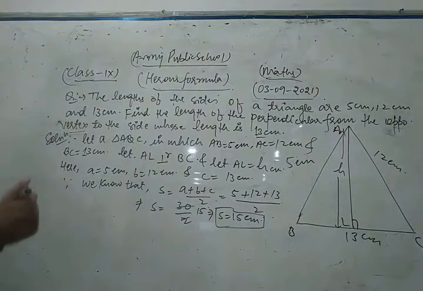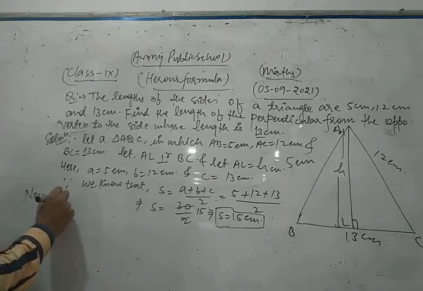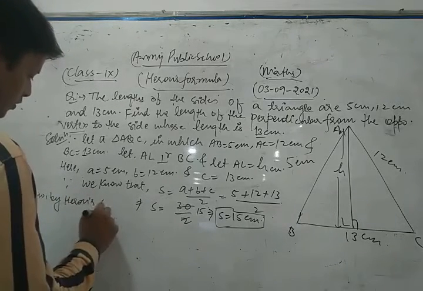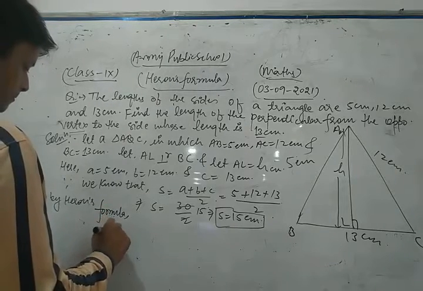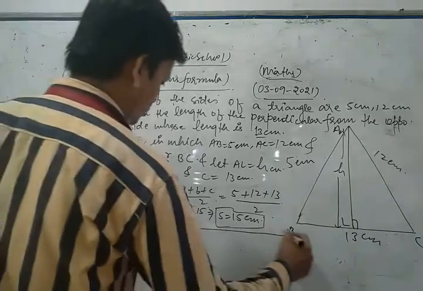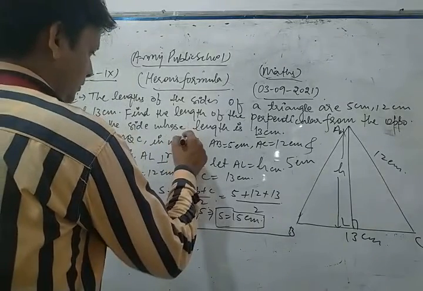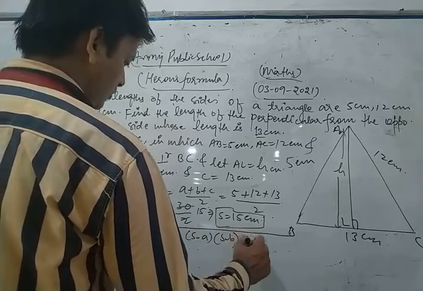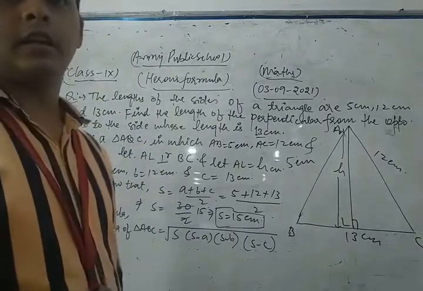Now, by Heron's formula, area of triangle ABC is equal to square root of s into s minus a into s minus b into s minus c.